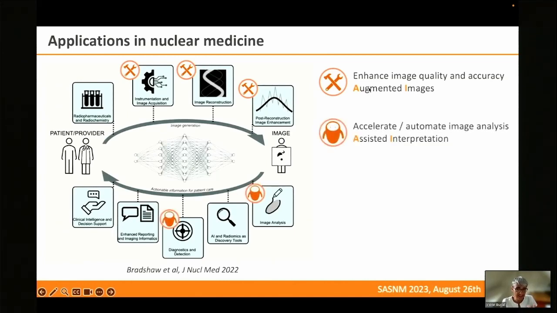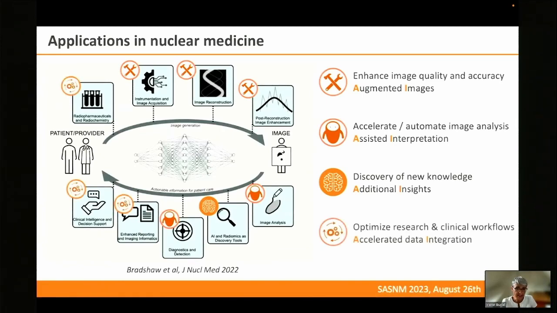AI can assist in image analysis to accelerate and automate image interpretation. AI can help us make new discoveries from the images. And last, AI can facilitate the optimization of the research and clinical workflows. So I will now give you some examples for each of these 4 applications.